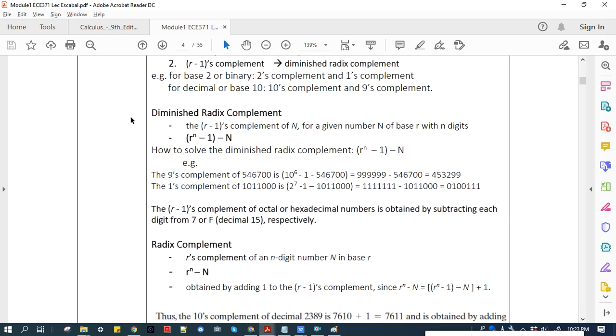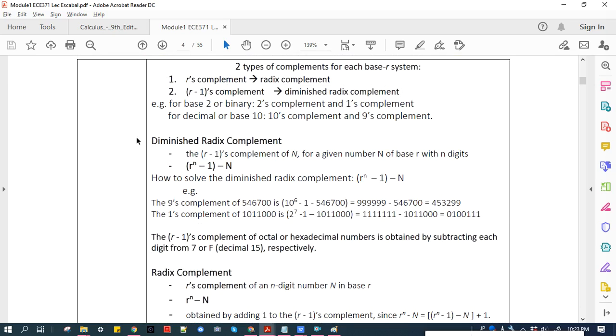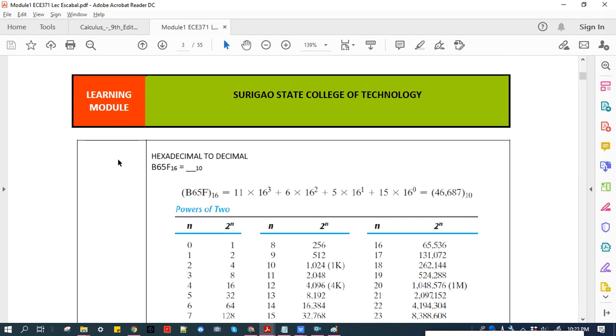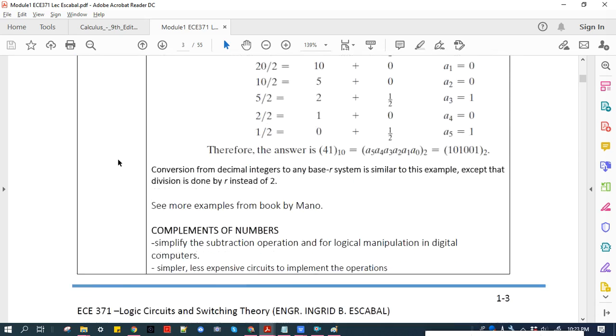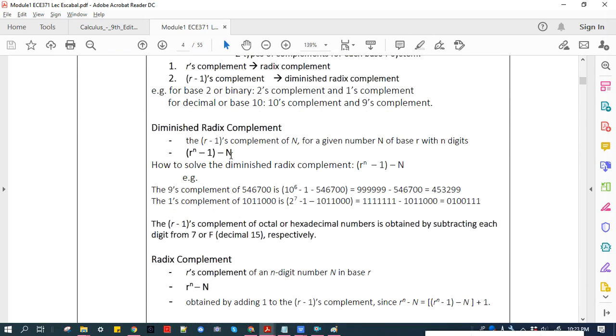We have here the diminished radix complement or the R minus 1's complement. How to solve the diminished radix complement? Let's read first the definition.